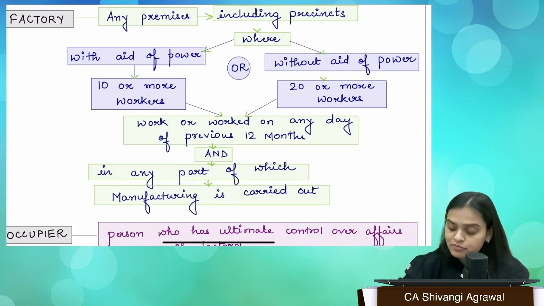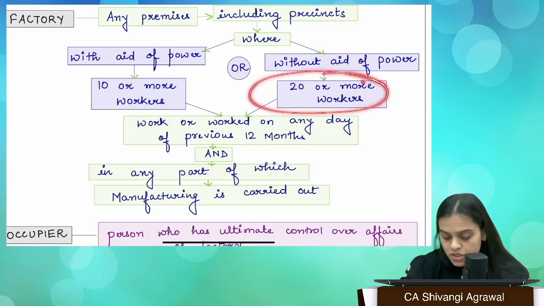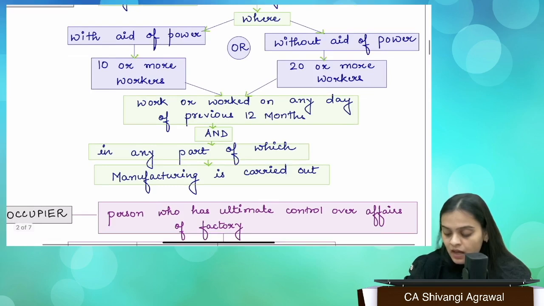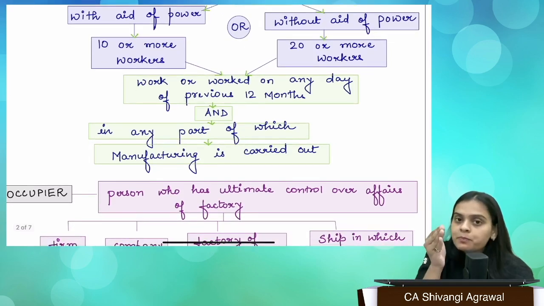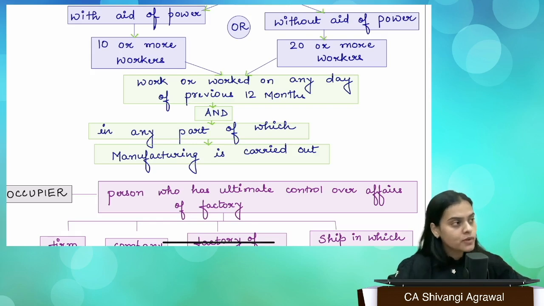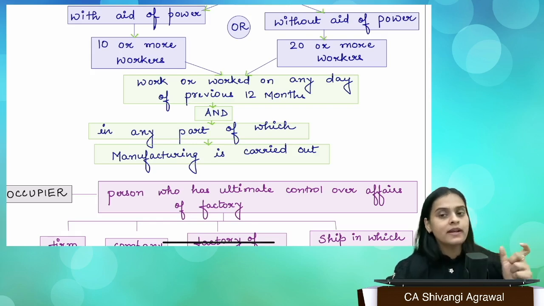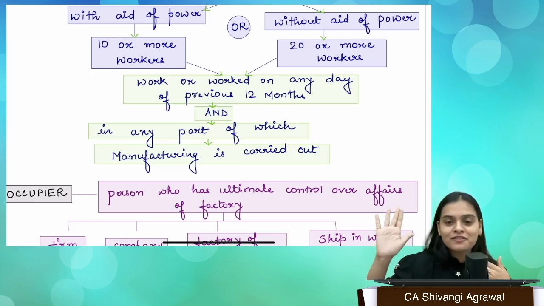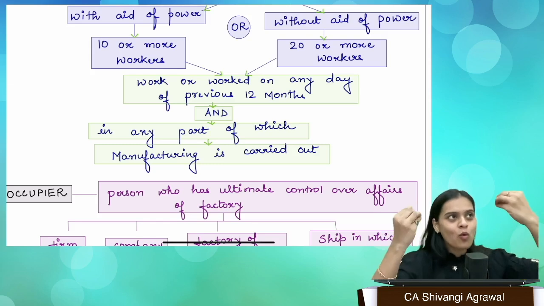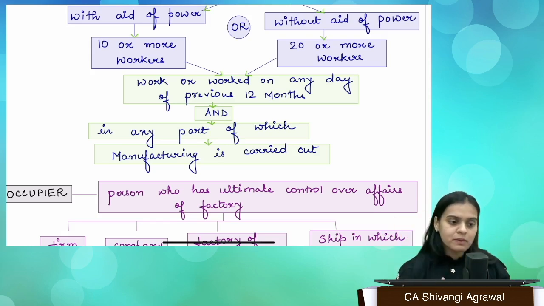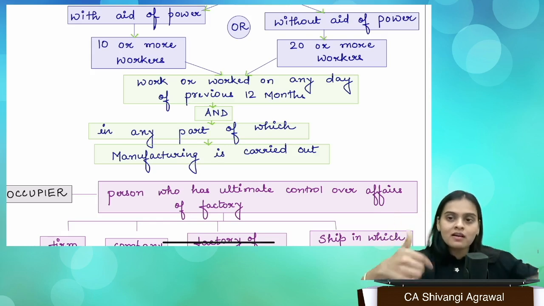So without the aid of power, you need to have 20 or more workers employed. With the aid of power, you need to have 10 or more workers employed. Now, we don't check at a particular date, that at 31st March 2024 we are going to check whether we have 20 or 10 employed. If this was the case, every factory owner would say, we don't want the Factories Act to be applicable to us, so we'll employ a lot of people, but just before the year ends, we will retrench them.